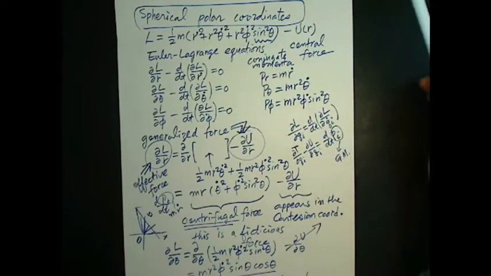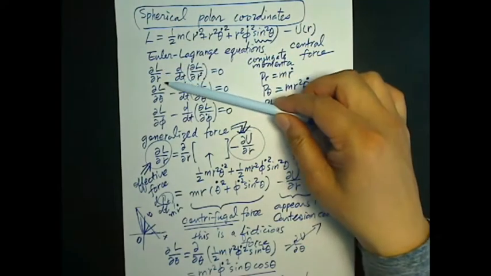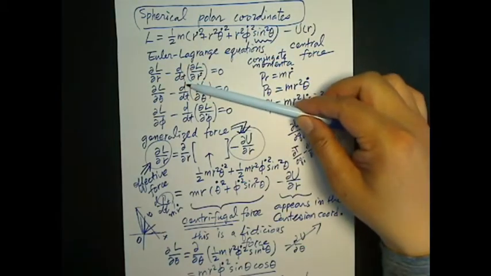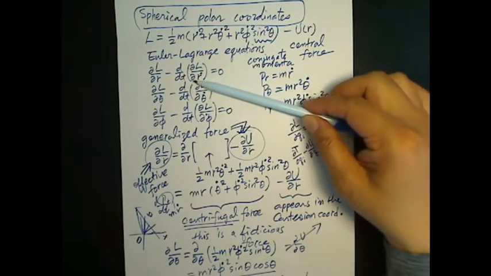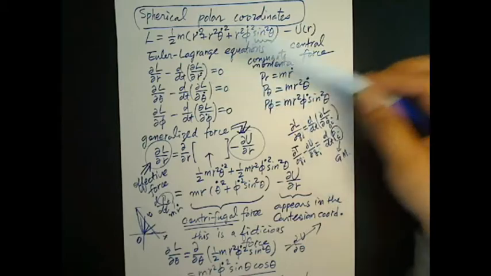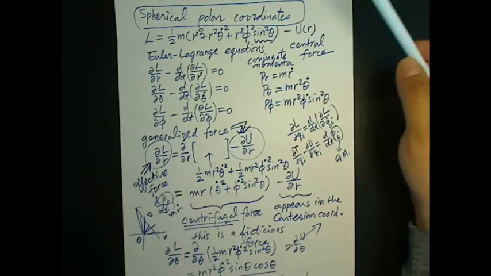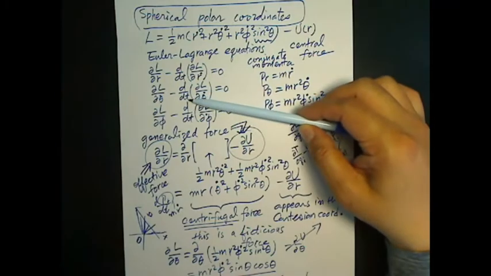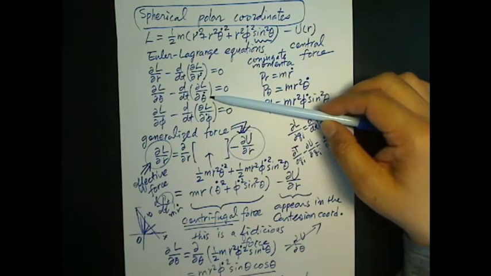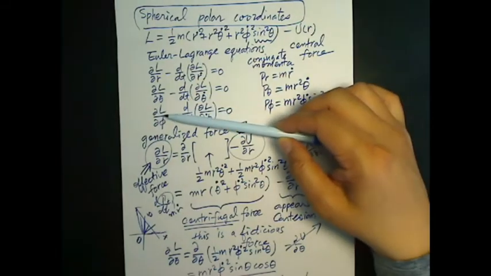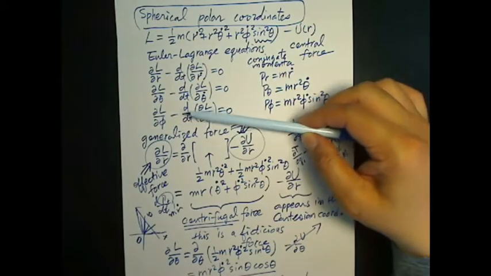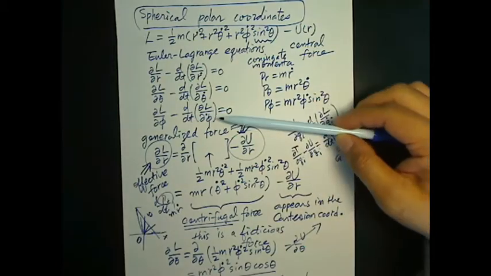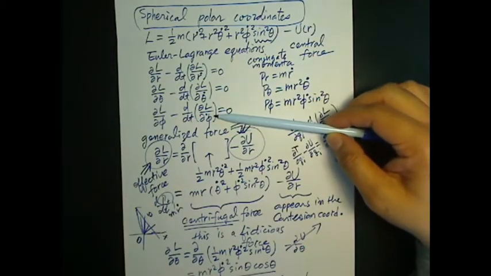They are like this. Partial L over partial r minus the time derivative of the conjugate momentum for coordinate r. Partial L over partial theta minus the time derivative of the conjugate momentum corresponding to the angle theta. Partial L over partial phi minus the time derivative of the conjugate momentum corresponding to the angle phi.